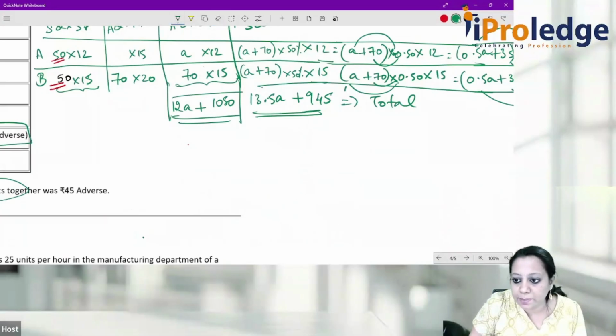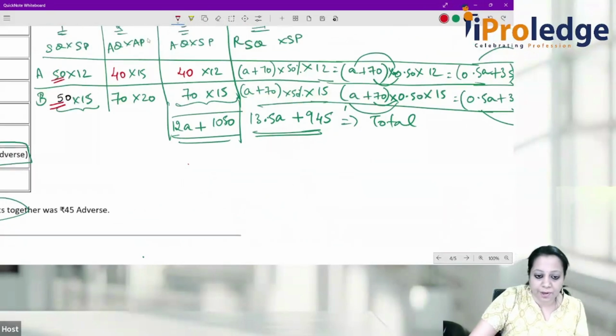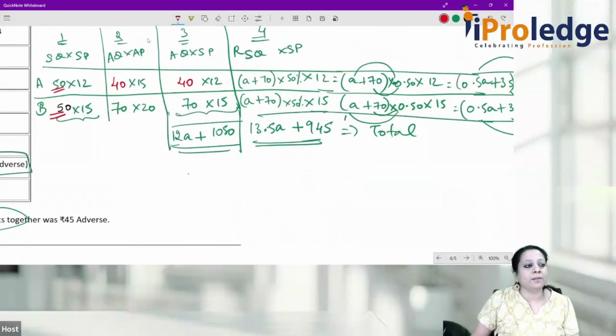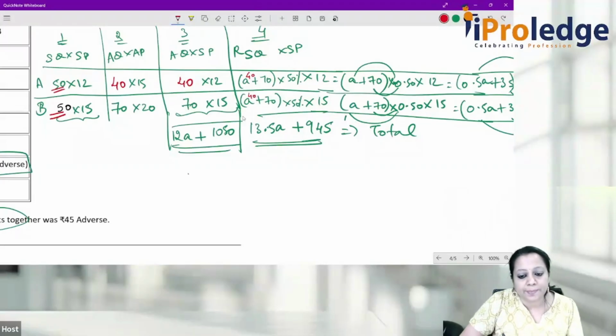Now I will go here and substitute. What is A, my dears? A is only 40. So AQ, 40. Substituted in both places. Now this A will also become 40.